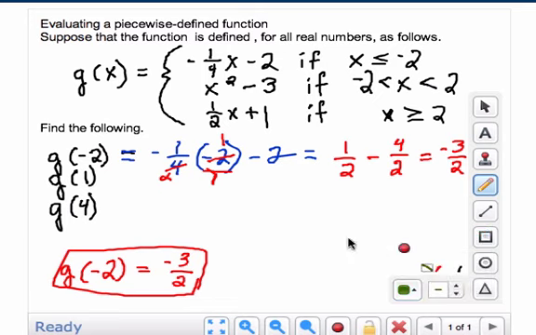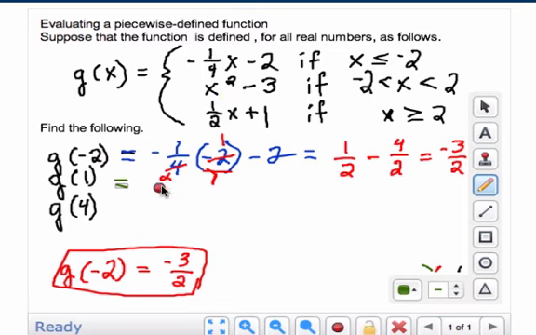Okay, let's do this for the next value here, g of 1. We need to find out where that falls in. That falls into our middle region here, since 1 is in between -2 and 2. So I'm going to plug this into this part of the function.